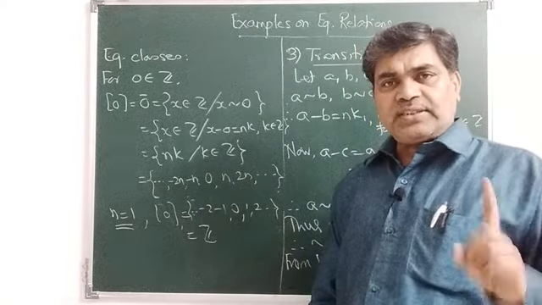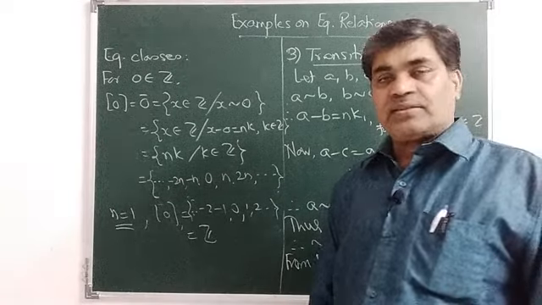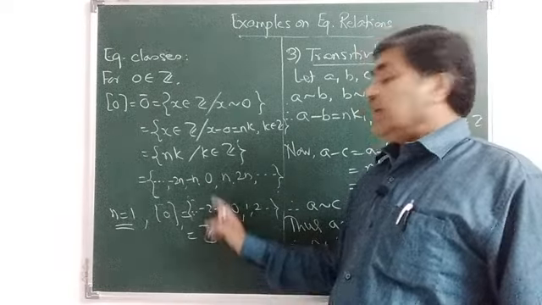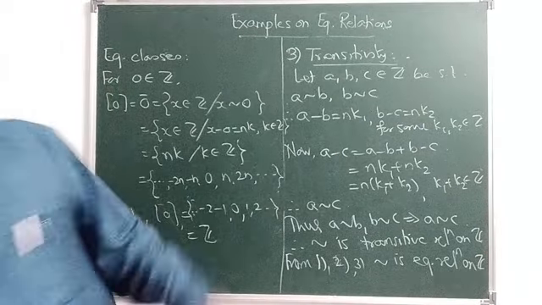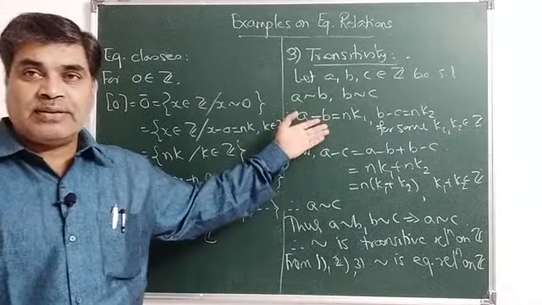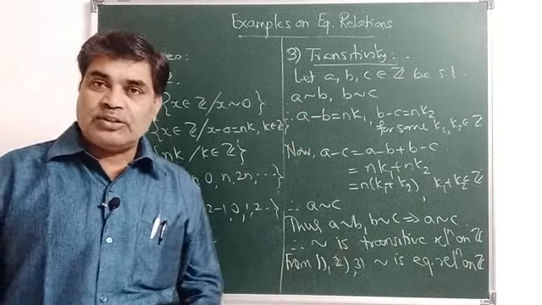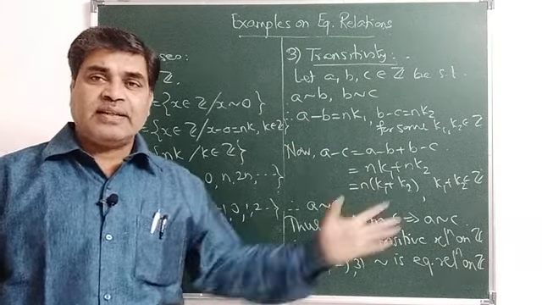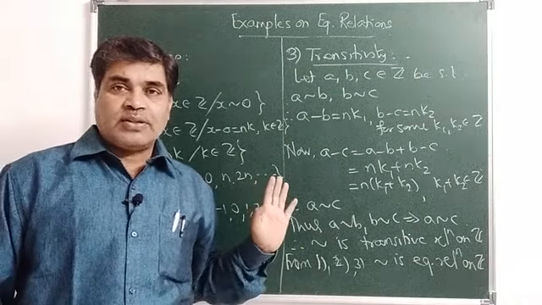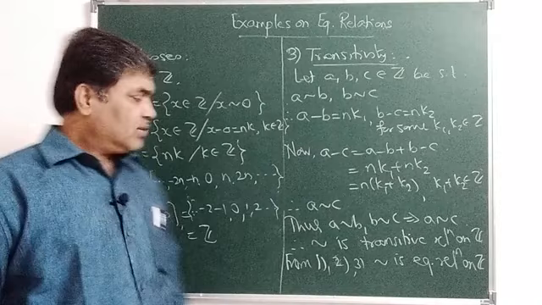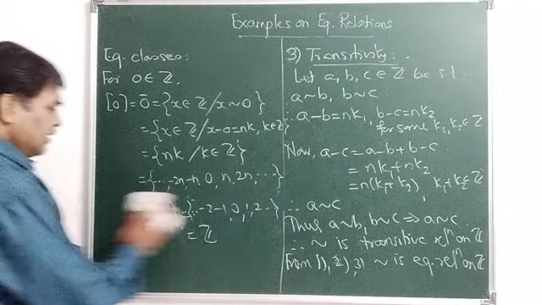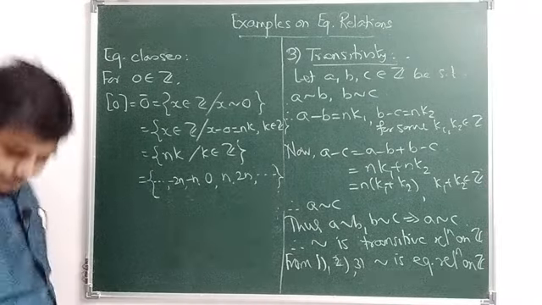So there is only one equivalence class when n is 1. I am not taking n to be say 5 or 7, 8, 12 and so on. I am just taking any n greater than or equal to 1. So if n is 1, there is just a single equivalence class. I am not taking any restriction on that.